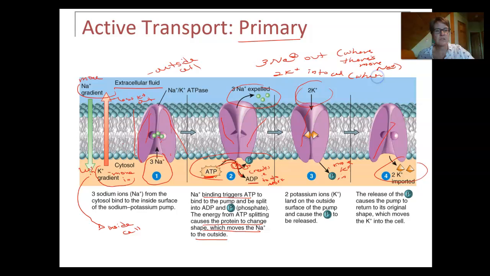So let's talk about that for a second, after I finish writing this. Okay, and that's just what the words are saying here. I'm bringing more potassium inside the cell. So because I have, now with this, using ATP, I'm getting a whole lot of sodium outside, right?